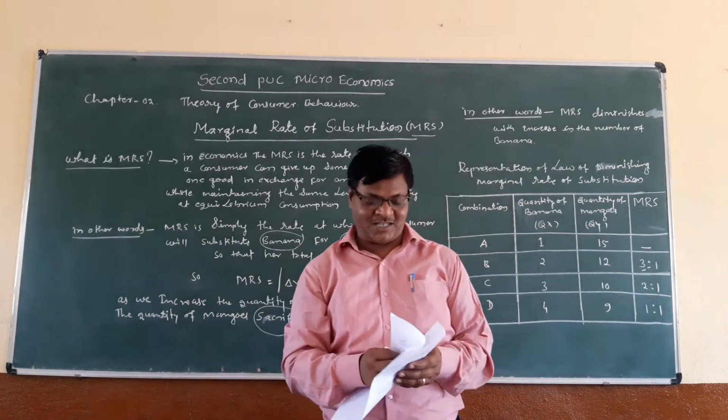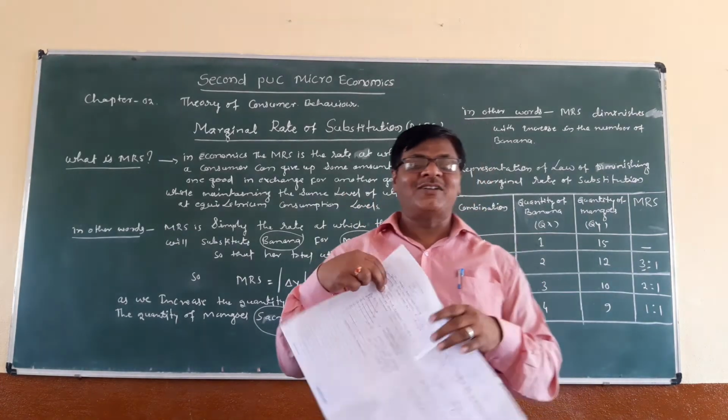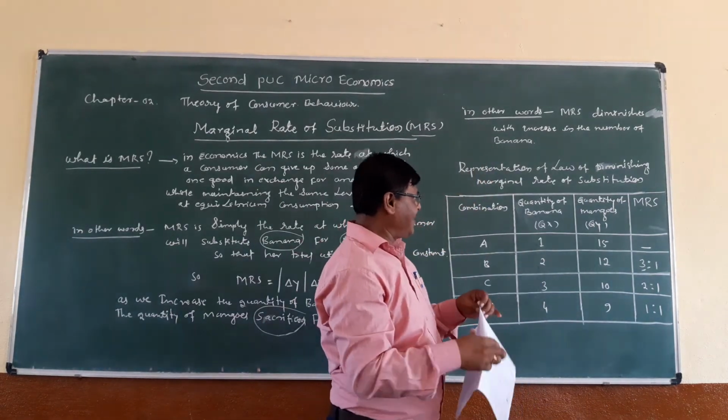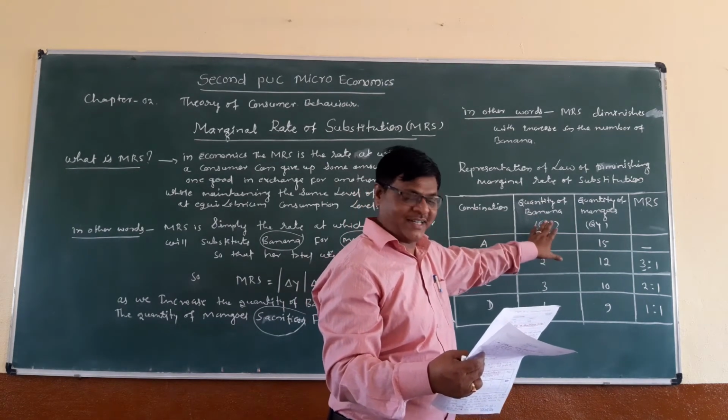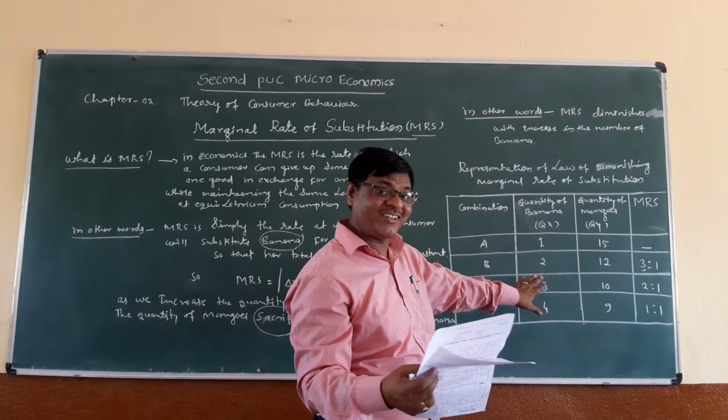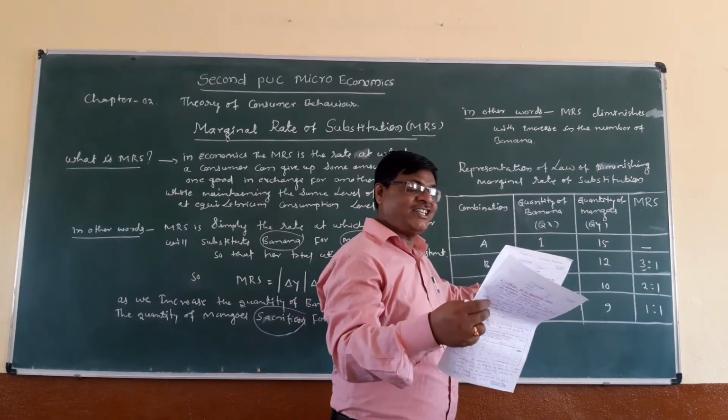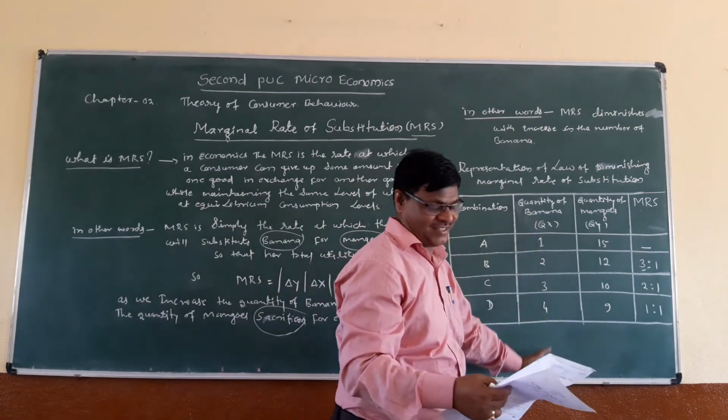As the number of bananas with the consumer increases, the marginal utility derived from each additional banana falls.